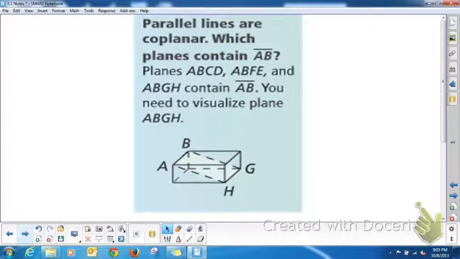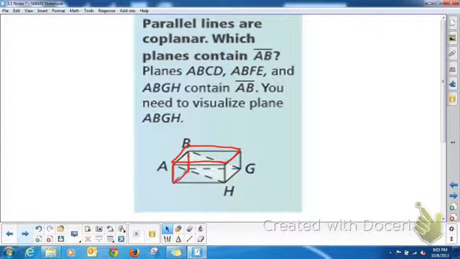Parallel lines are coplanar. When we look at this picture, we ask which plane contains line AB? Well, the top plane contains line AB, ABCD. The side contains AB, ABFE.